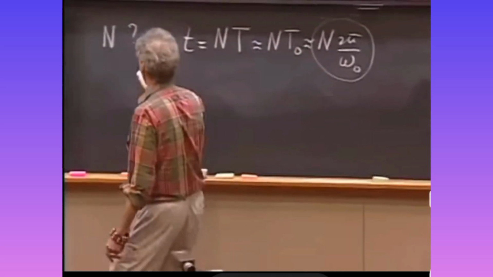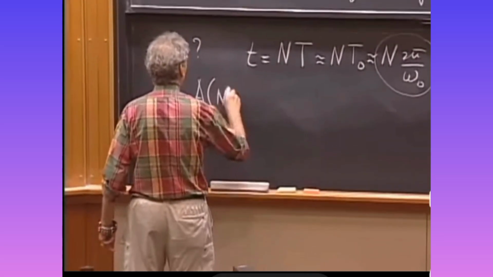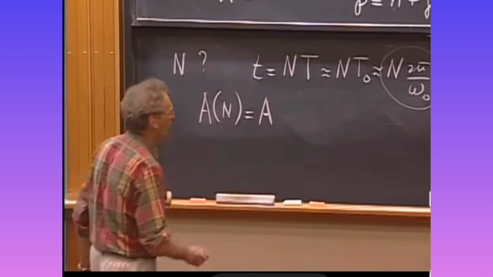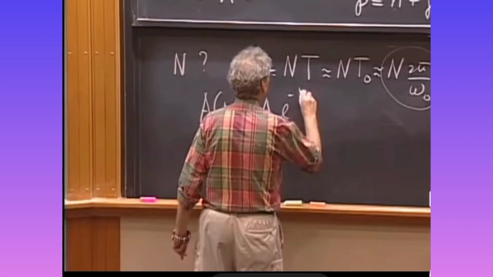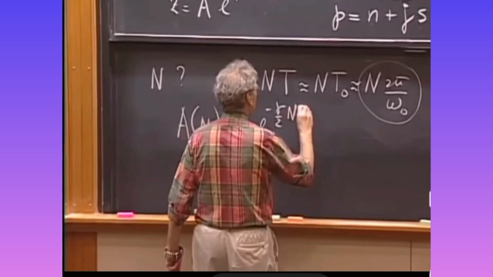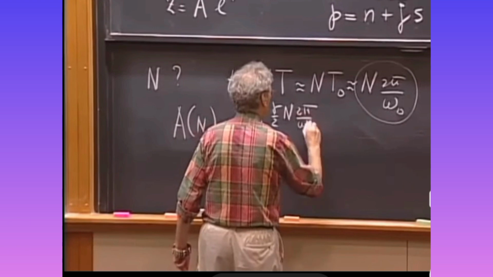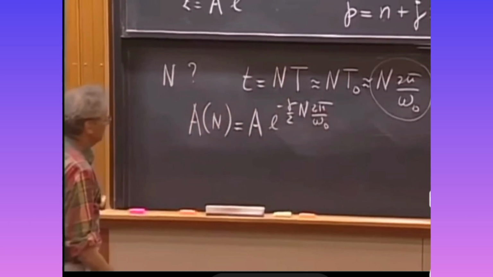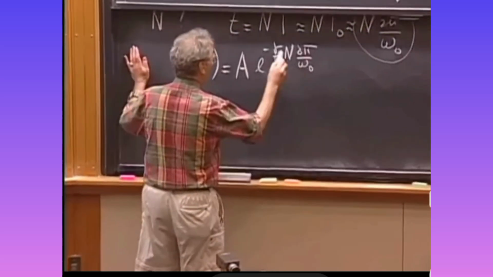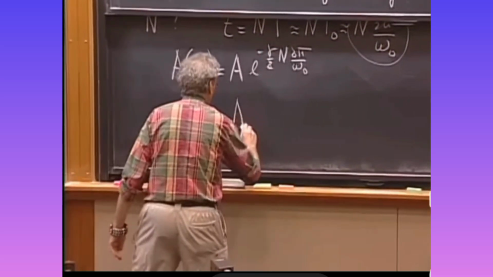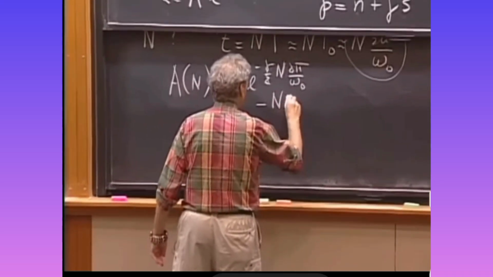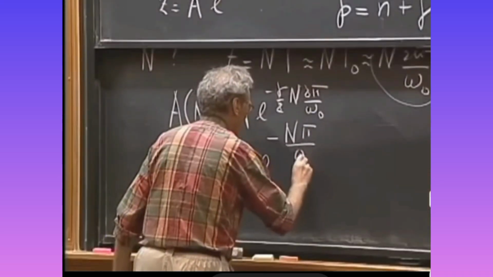So what I find then is that A, after n oscillations, is A0 times e to the minus gamma over 2 times this time after n oscillations, n times 2 pi divided by omega 0. And you lose a 2, but omega 0 divided by gamma is Q, and so now you have it in a form which is e to the minus n times pi over Q.